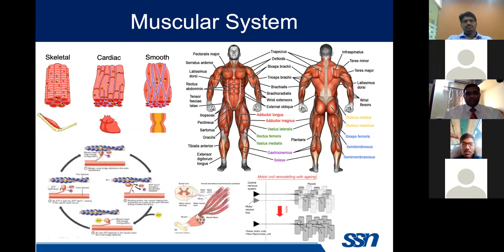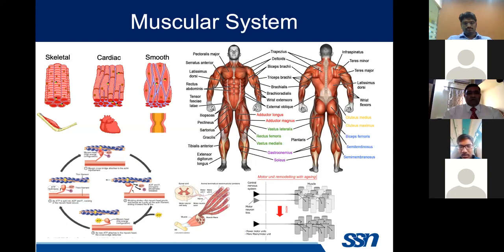So this is the physiological process of contraction of a muscle, where you can see how ATP is used. When ATP gets attached, the myosin head gets detached from the actin fiber, and then there is hydrolysis of ATP, and ADP and Pi are formed.